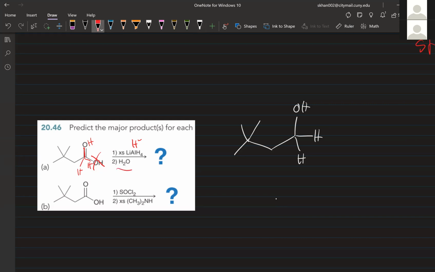Right, it was protonation. So before we get this, technically we have the O minus, the oxide here. Why is water in a separate step? Does anyone remember why water is technically a separate step when you use LAH?